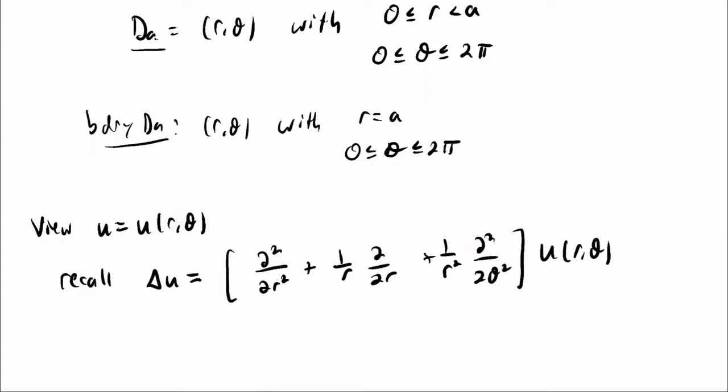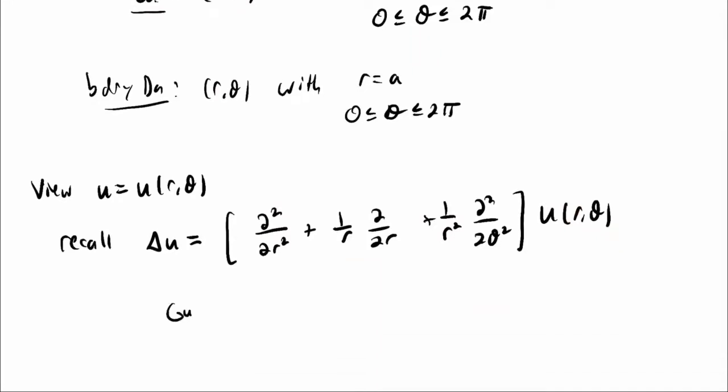And so we're going to view the Laplacian as this differential operator in these coordinates. And then we're going to use separation of variables for u as a function of r and theta. So we're going to guess u of r theta is given by some function f of r times some function g of theta, and then apply the separation of variables method.